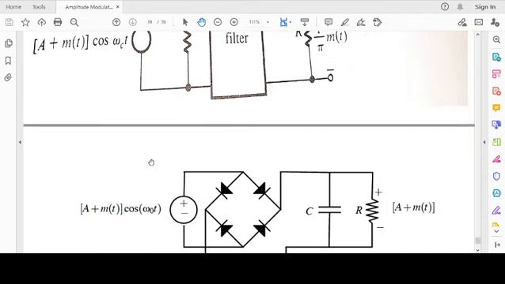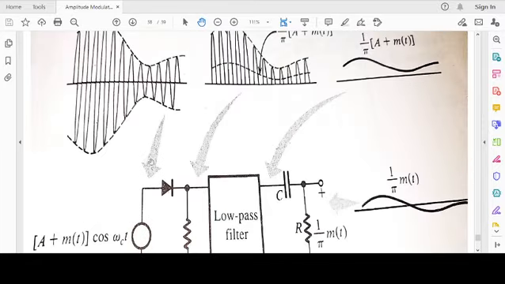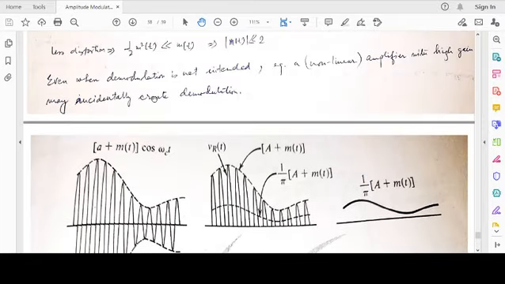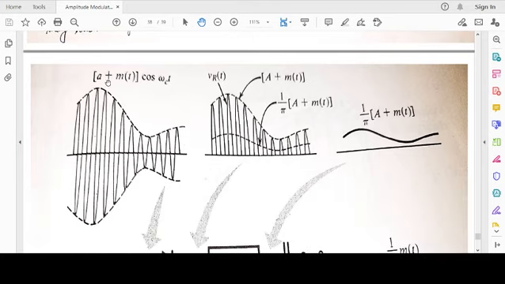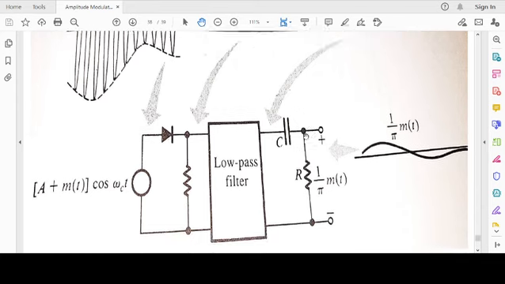We'll just take a pictorial look at what we broadly studied. Synchronous detection we'll study a little later because that would require our understanding of phase lock loop. So again, let's see A plus m(t) cosine omega ct of this signal. The rectifier output was like this, A plus m(t), and the Fourier analysis gave us 1 by pi (A plus m(t)), and so on.